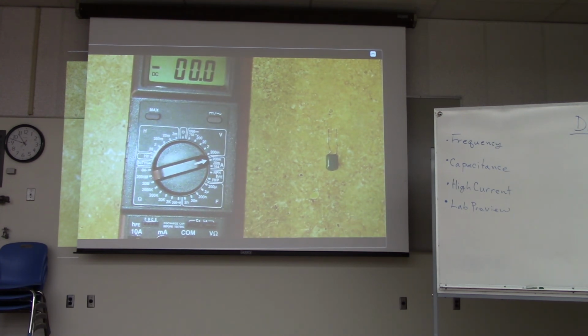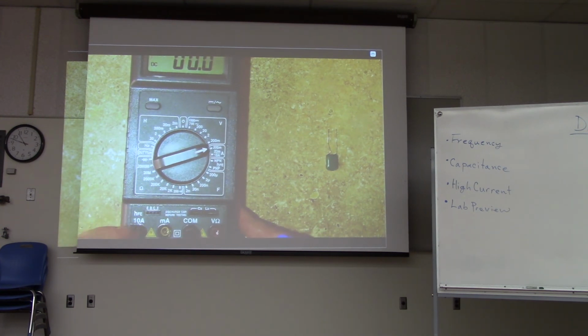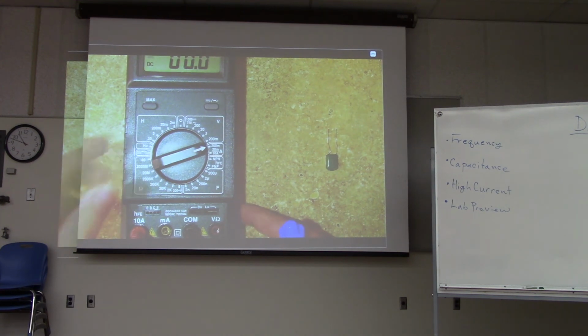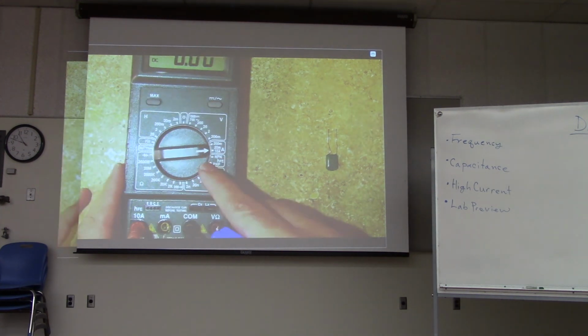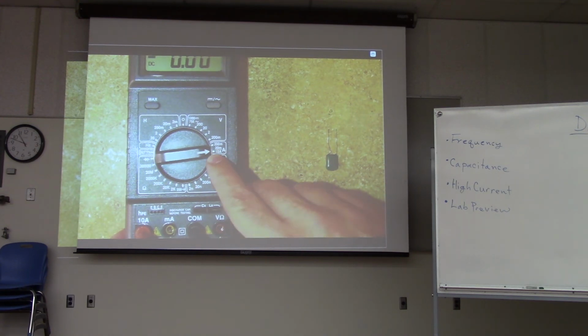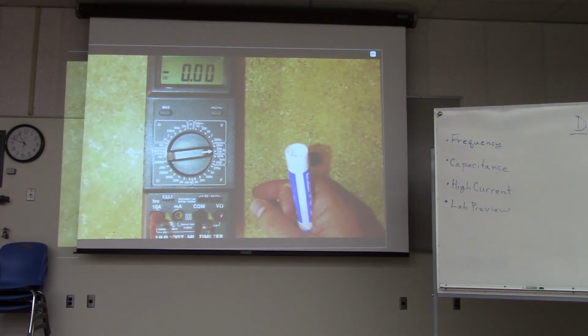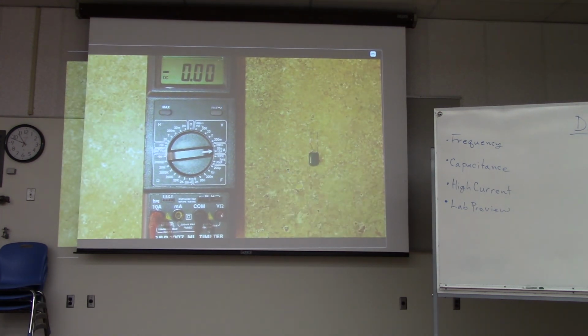So when we're measuring low currents, we can use either of those two settings. When we're measuring high current, we have to move the red lead over to the far left-hand hole, like I said before, and then the dial can only be in one spot. It must be in this spot that says 10A, all right? So if you're measuring high currents, the dial must be there.